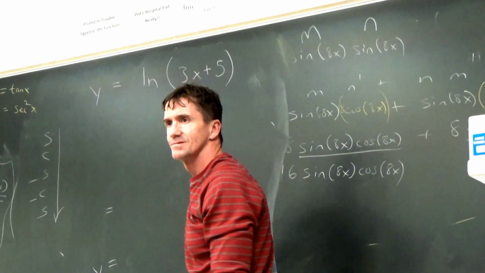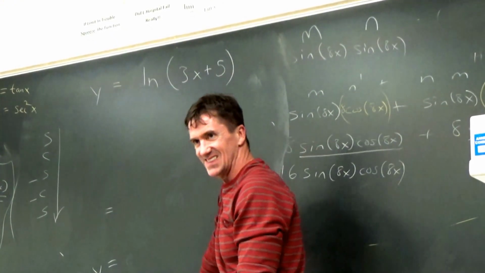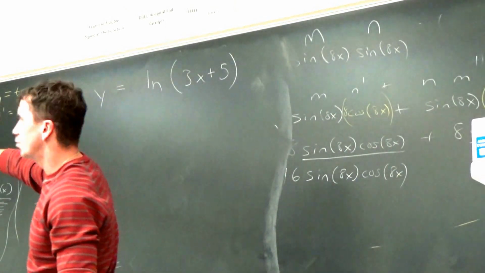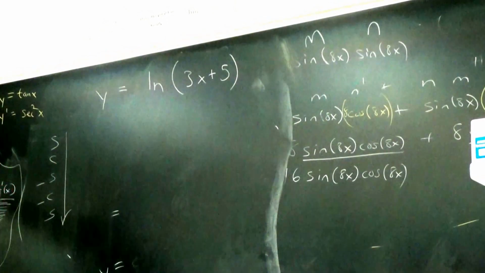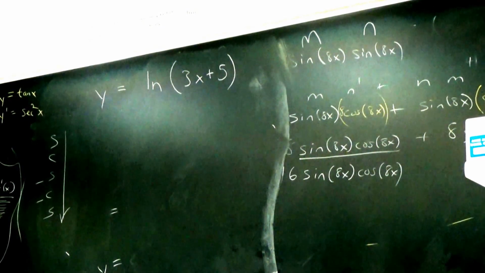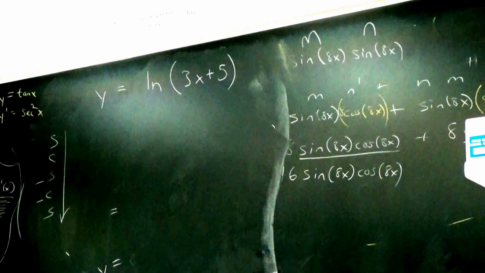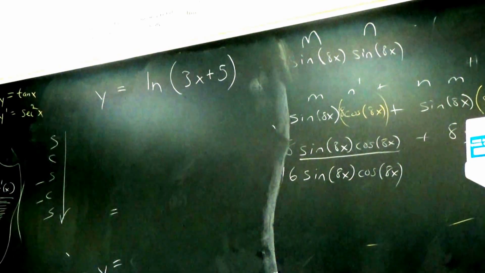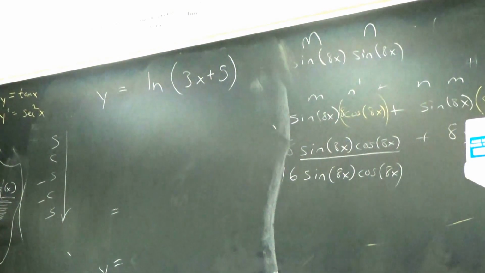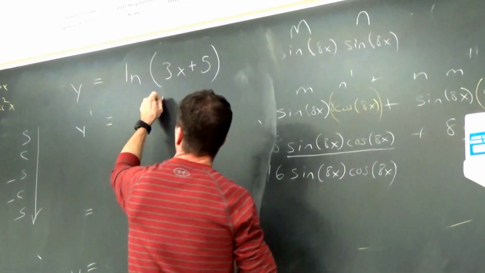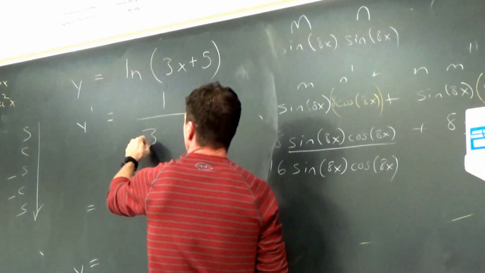Guess where the g is? 3x plus 5. So watch how we do this. The derivative of ln of x is 1 over that part. So the derivative of this is 1 over 3x plus 5.